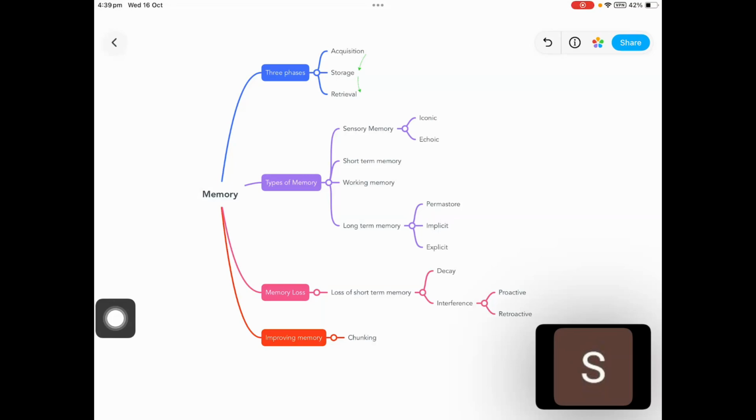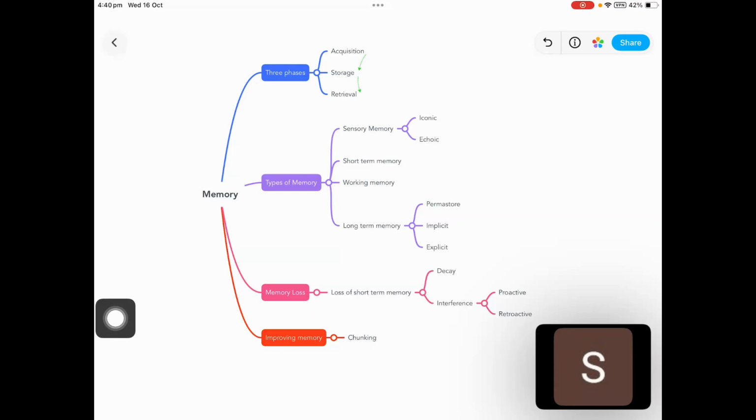Now, long-term memory can last from a couple of minutes to your whole life. And you can divide it into implicit and explicit. So implicit being like skills and habits and things you do, and explicit being like facts, stories, memories. And the permastore is where that all goes.